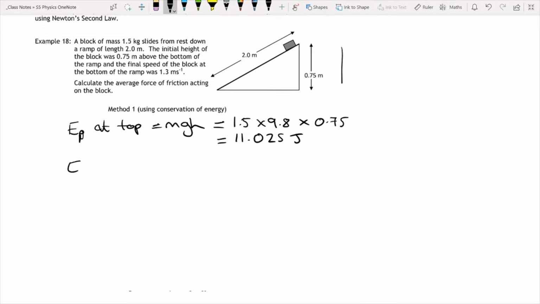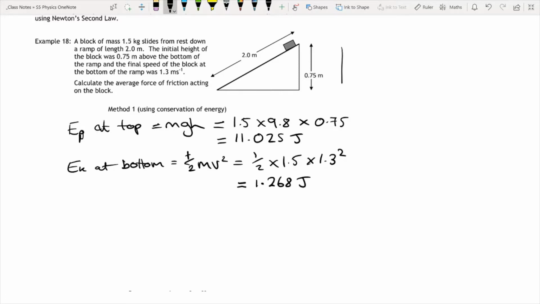Kinetic energy at the bottom is half mv squared. So half times 1.5, and the speed at the bottom of the ramp is 1.3, so 1.3 squared. Don't forget your squared. That comes to 1.268 joules.